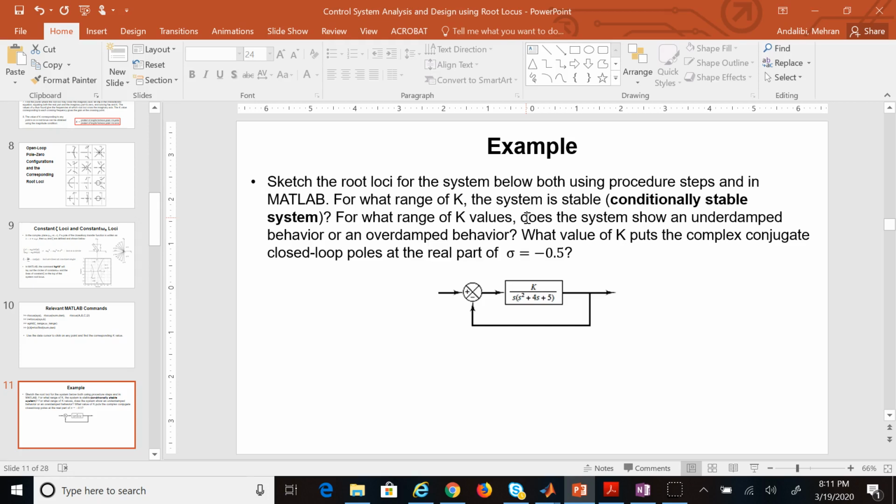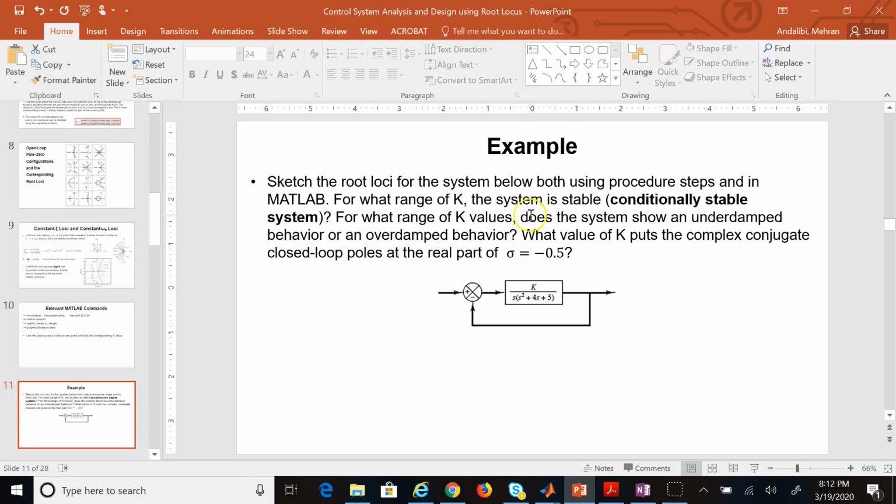It just says the real part of these complex poles is at negative 0.5. Right now, you know that they are at negative 2, right? The poles are at negative 2 plus and minus i. So it says, how is it that we can move them a little closer to the imaginary axis, basically making the system slower instead of faster.